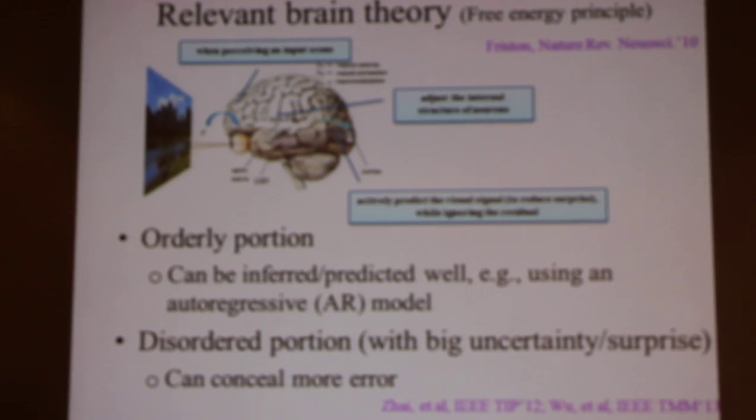This is to reduce the surprise. Then, according to this, we separate the picture into an orderly portion, which can be predicted well, and a disordered portion, which cannot be predicted well. If there are errors in the orderly region, our brain can immediately tell the difference, so it is more sensitive there. While disorder is a random signal, so you can tolerate more distortion.